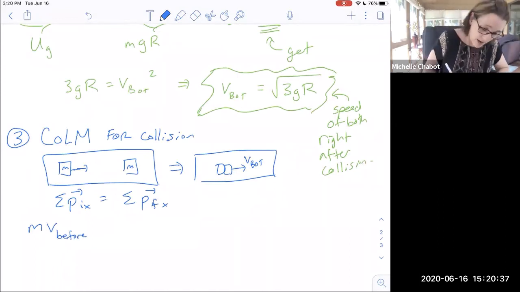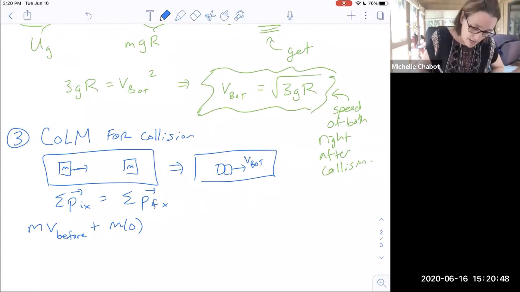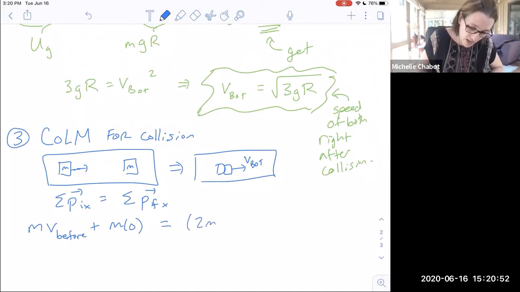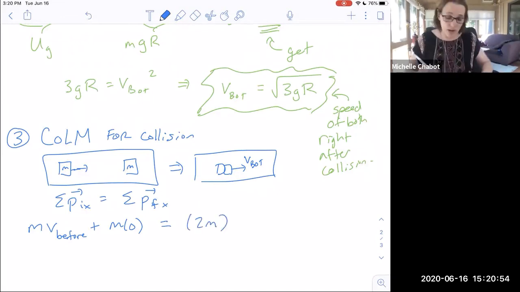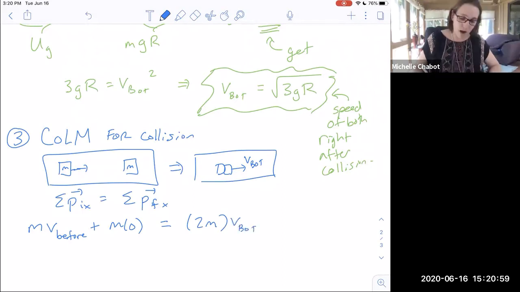Why not? And then plus this other mass, which was at rest, so its initial speed was 0. I could have had a problem where it was headed towards the other one and then they collided, but that didn't happen. And then that's going to equal the sum of my total final momentum, which is that they stuck together, so my total mass is 2m, and then they had that speed v bottom.